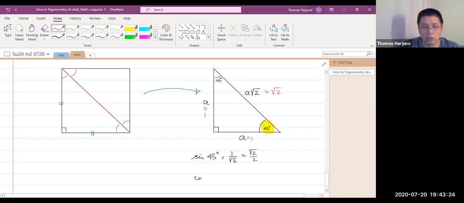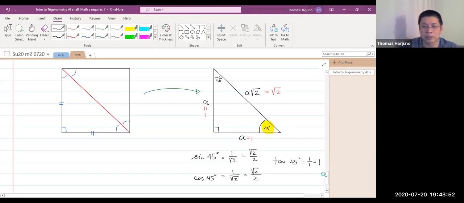You will see that the cosine of 45 degrees will be the same because the adjacent is also 1 with the same hypotenuse square root of 2. While the tangent of 45 degrees is 1 over 1, which is simply 1.